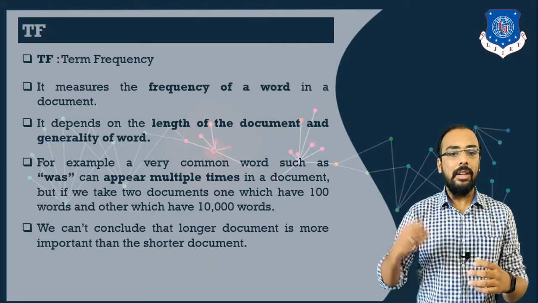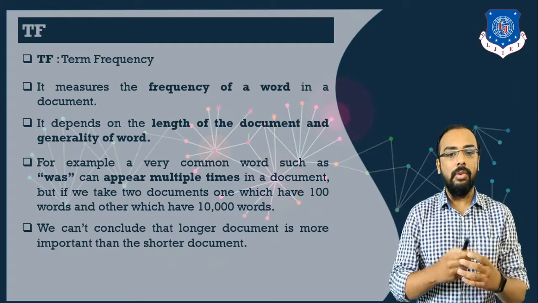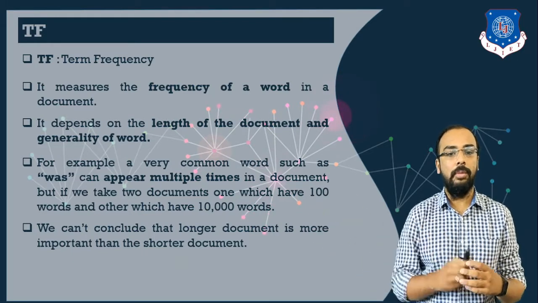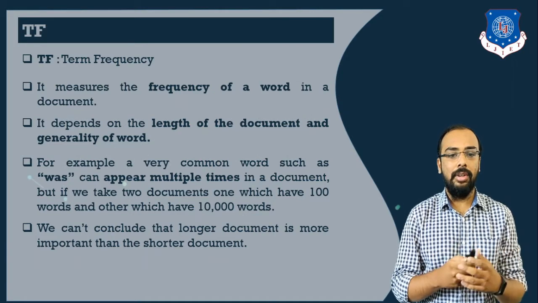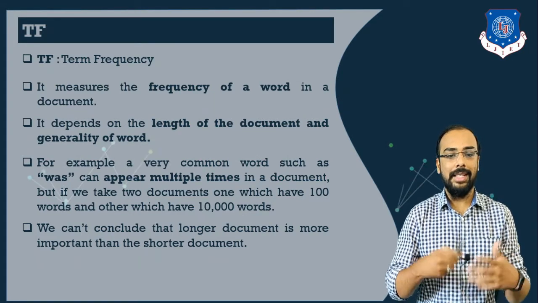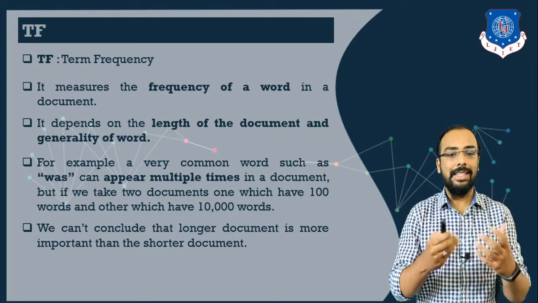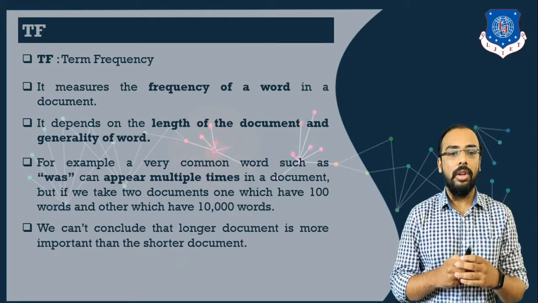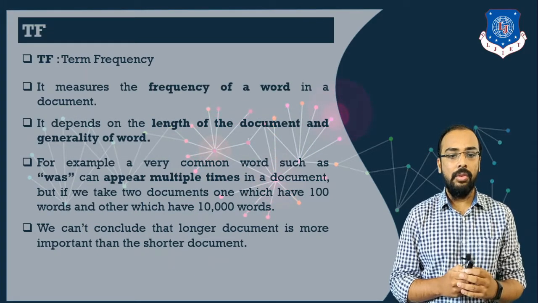We can't conclude that if the words are more, the document is more important. If I have a document with 100 words and another with 50 words, I cannot conclude that the document with 100 words is more important and the one with 50 words is less important.